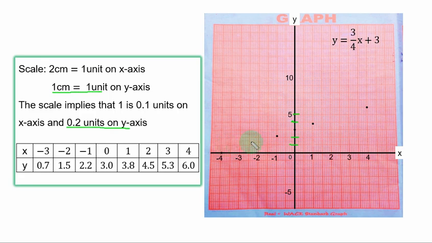But what happens here is that not all the values I plotted, I plotted the values that are even, so that you can locate the points correctly. Now, minus 1 is against 2.2 for y, so 2.2 is at this point. Now if here is 1, here is 2, and one line is 0.2, so after 2 the first line is 2.2.